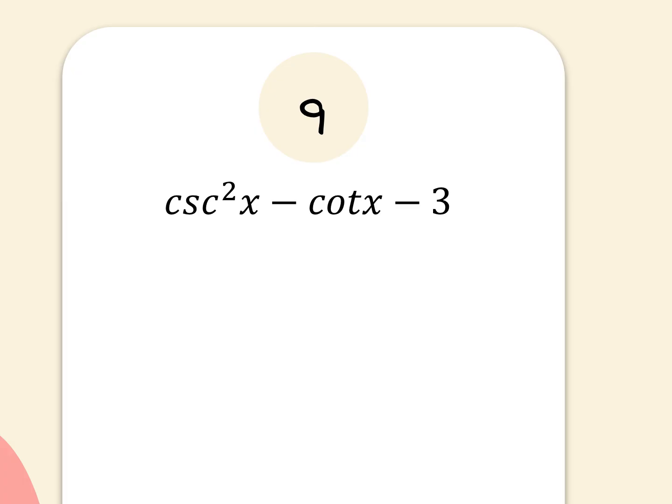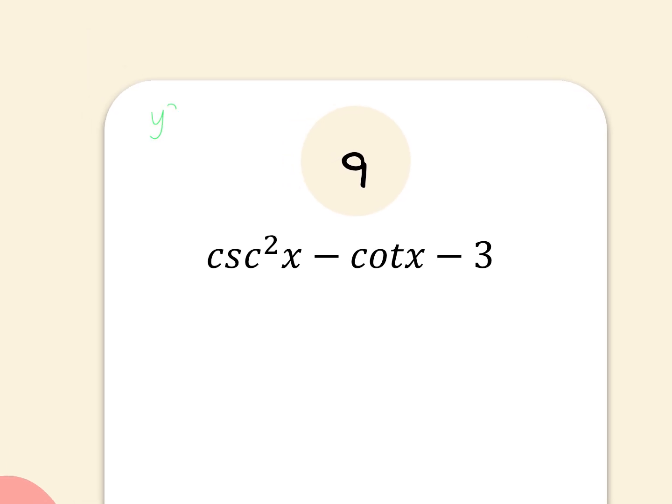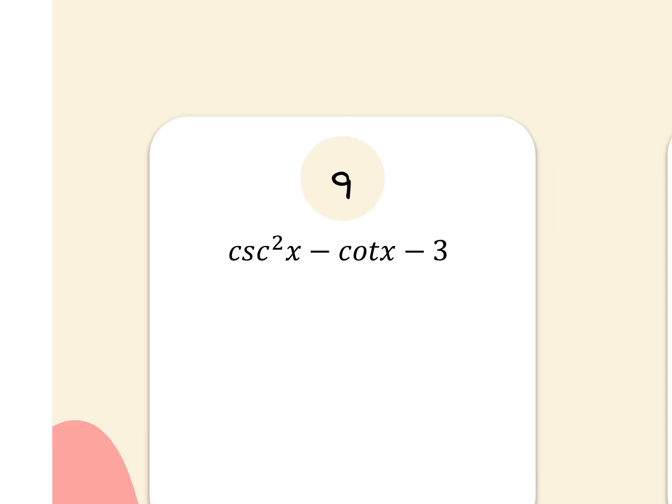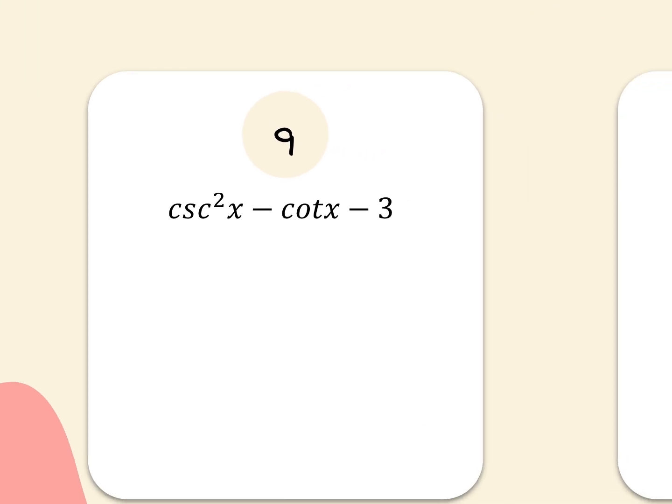We can't just factor it the way it is, just because this is the same as if we had something like, I don't know, y squared minus x minus 3. y and x do not go together, so you cannot factor it just the way it looks. But thankfully, this isn't something like that, because we can change cosecant to be in terms of cotangent.